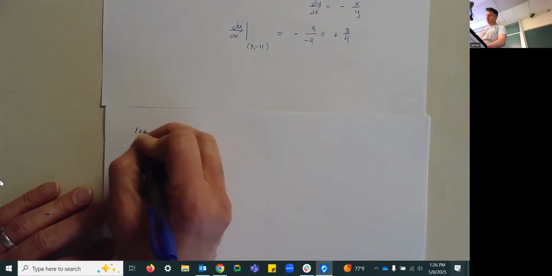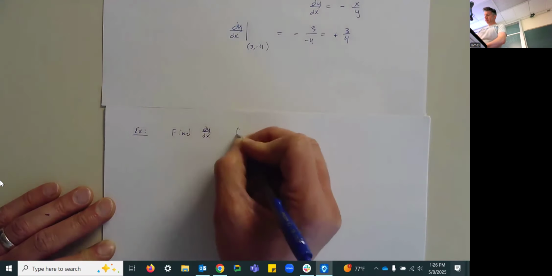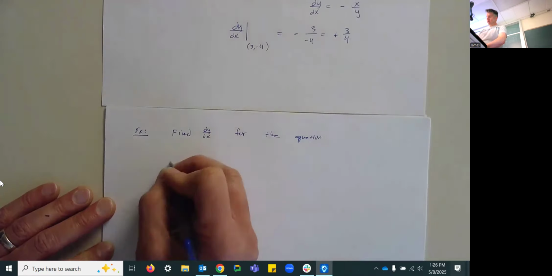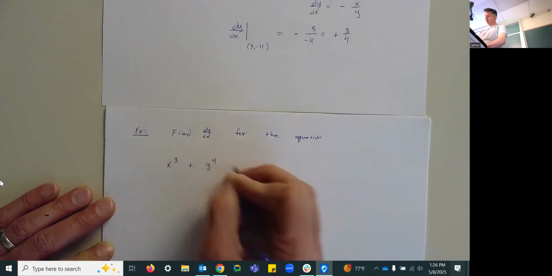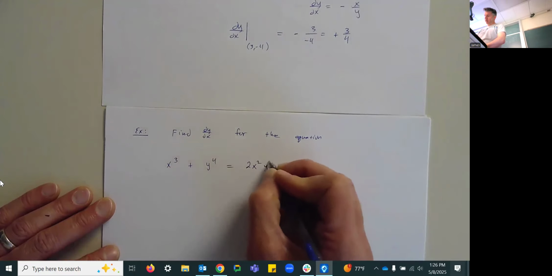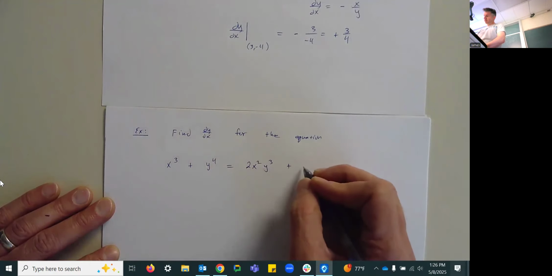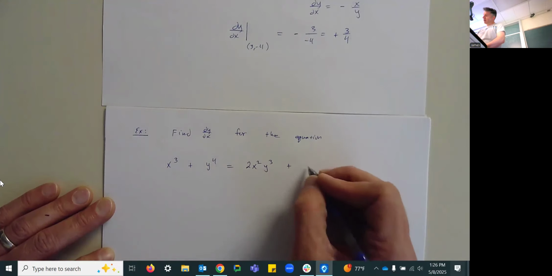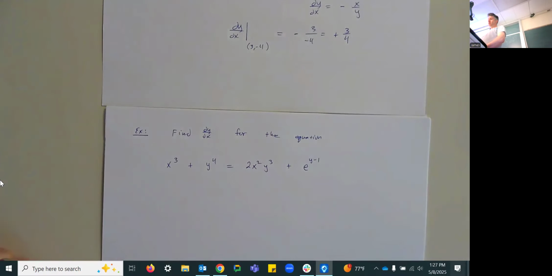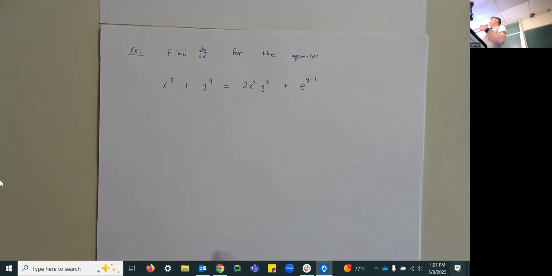So, for example, we could say find dy dx for the equation x cubed plus y to the 4th equals 2x squared y cubed plus, sorry, my brain went away, plus e to the y minus 1. All right. So here's our job. Our job is to take the derivative of both sides, remembering that y is a function of x.